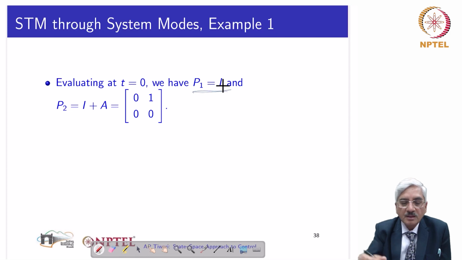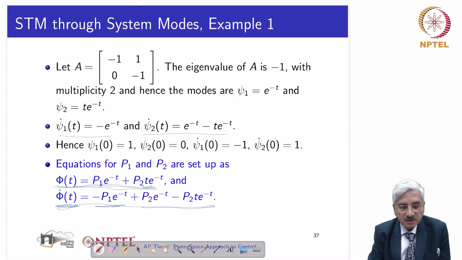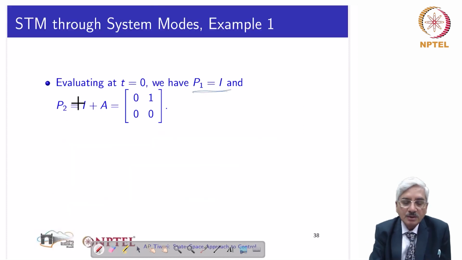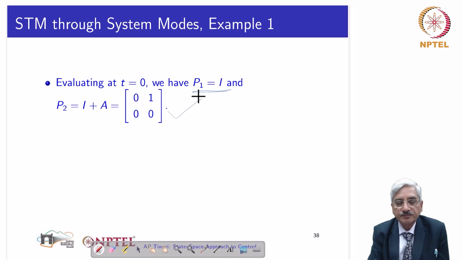The second one gives phi dot 0, which will be A, equal to minus P1 into 1 plus P2 into 1 minus P2 into 0. So A will be equal to minus P1 plus P2, and that means P2 will be equal to P1 plus A. P1 was identity, so identity plus A, we get this.